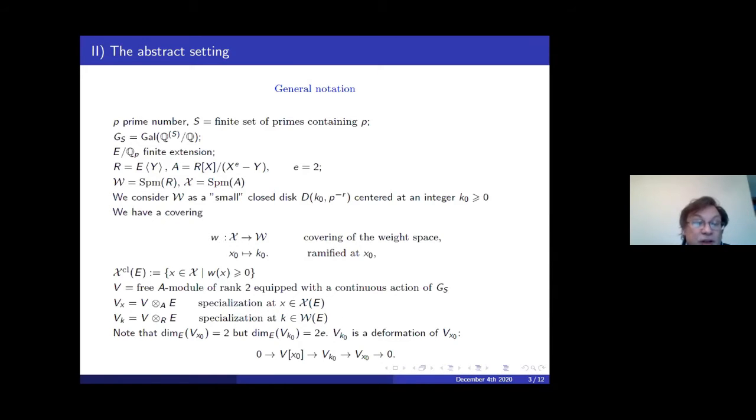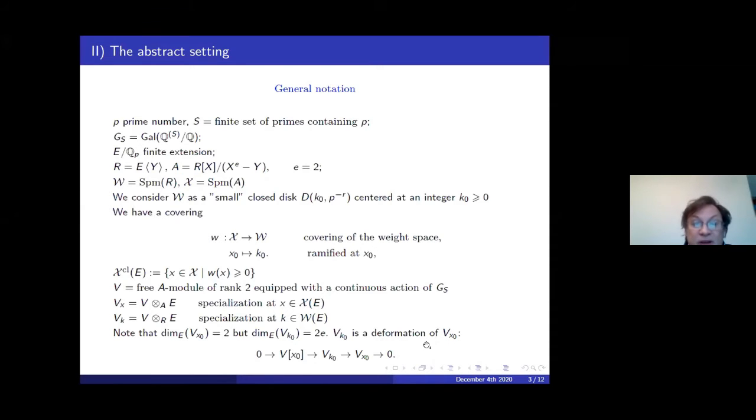So in particular, if we specialize V at x0, the specialization is of dimension 2 over E, but the specialization at k0 of V is of dimension 2 times E, because X is ramified over W, and the ramification degree is E. So we will consider Vk0, the specialization at k0, as a deformation of the specialization at x0.